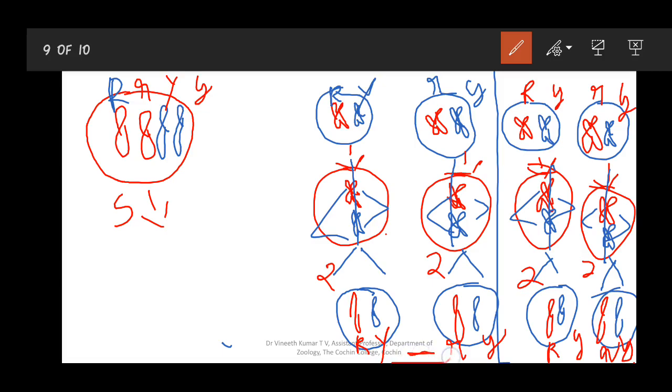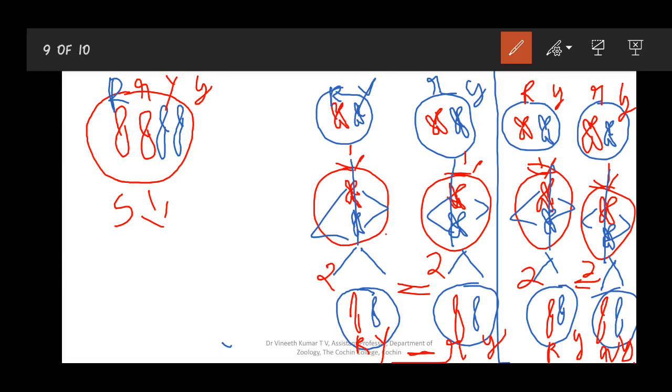These 2 are one possible. These 2 are the other probable gametes that can be formed, depending upon the arrangement. And when you consider a cross, you have to consider both the probabilities, because you don't know what happens inside the cell. So when you do a cross, you will be considering the maximum probable types of gametes that can be formed.